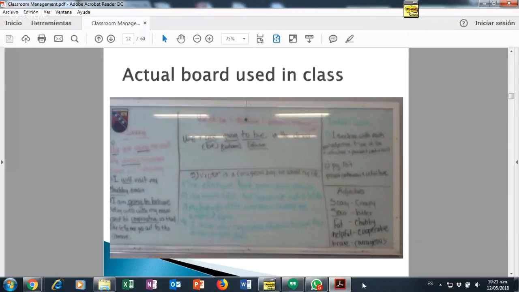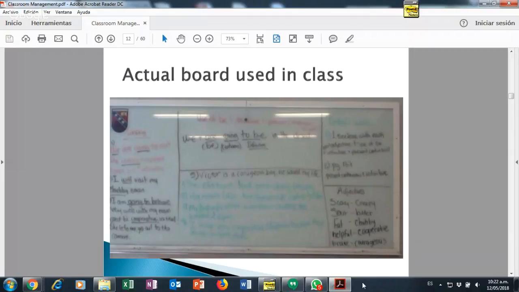This is an example of my board. The image is kind of blurry. When we finished the certification with Teacher Nora, by the way, the certification was one complete year, Saturdays from 9 to 2, and it was very expensive, but it was worth every penny. At the end, Teacher Nora has to go to your school and grade one of your classes in order to give you your ELT certification.